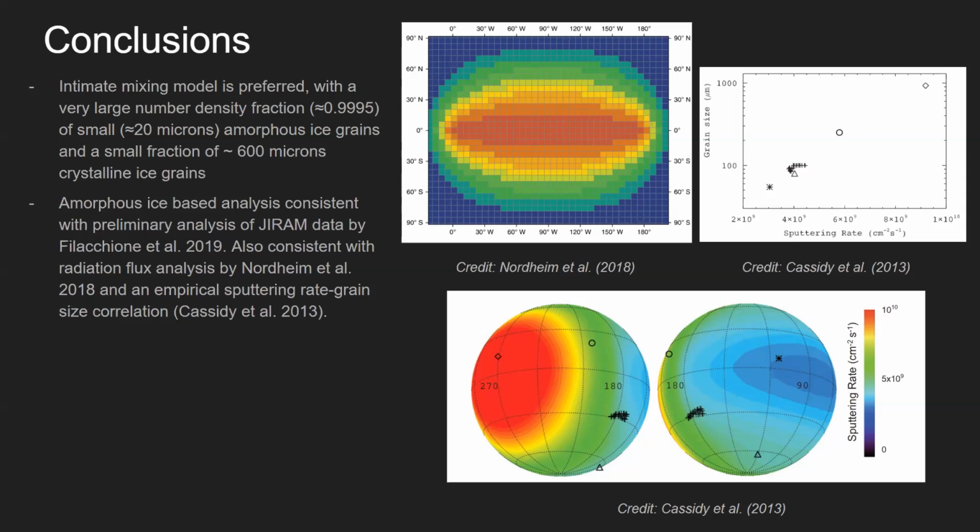And why we are interested in whether some area is more processed than another is that, from an astrobiological sense overall, you want to figure out where the material is fresh.